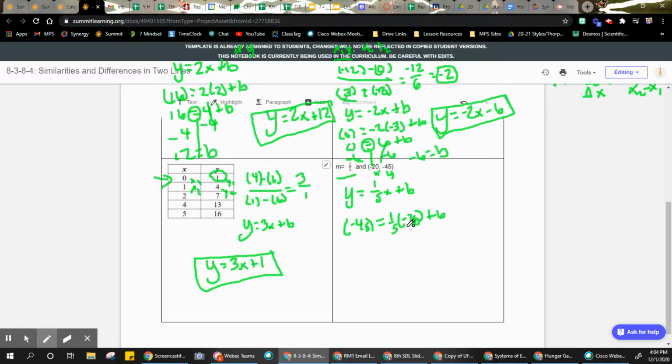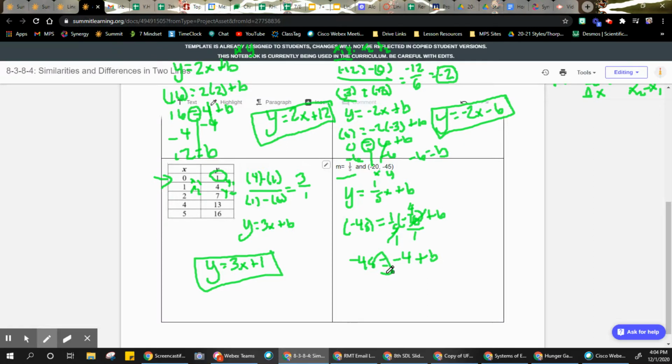To multiply 1/5 times negative 20, I have to put negative 20 over 1. 5 can cross-reduce into 20 because it goes in 4 times. And then 1 times 4 is negative 4. So then I have negative 45 equals negative 4 plus b.